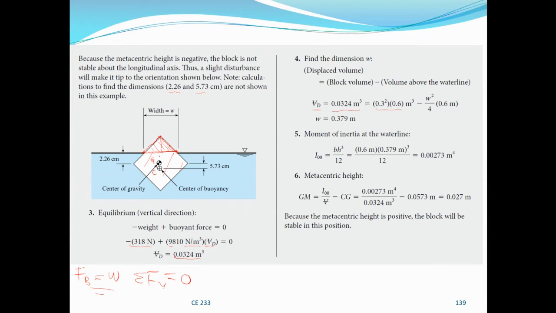If this is W, this is approximately an isosceles triangle having two sides equal. This side is equal to this side, and this angle is equal to that angle. When you bisect the isosceles triangle, the total is W, so this is now W over 2, and this is now W over 2.